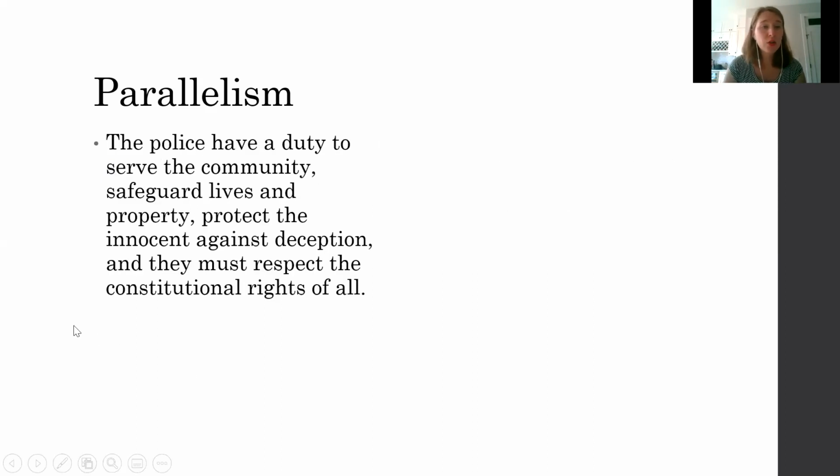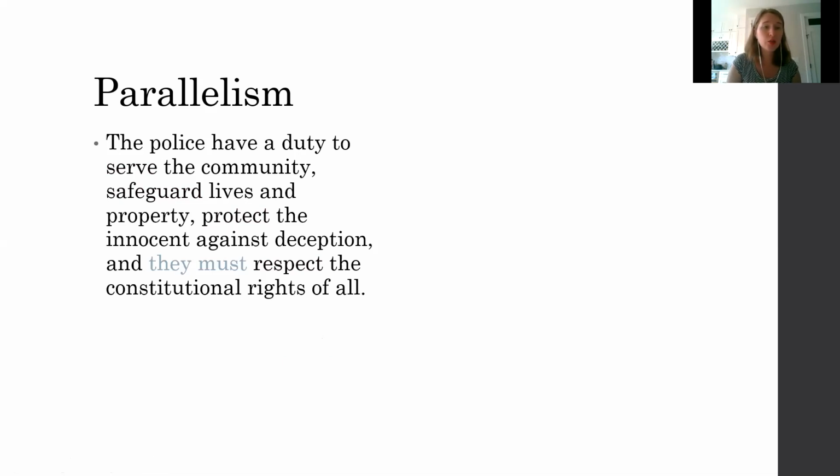The police have a duty to serve the community, safeguard lives and property, protect the innocent against deception, and they must respect the constitutional rights of all. Again, similar to the other one, we do not need the words "they must," because we have the verbs serve, safeguard, protect, and respect. In all of these cases, we can say the police have a duty to serve.